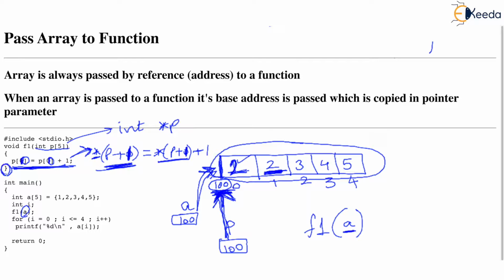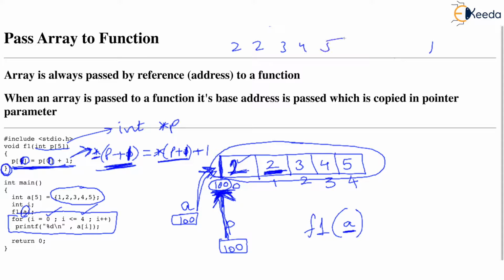But when the function ends, we come back to main, and in main we have a for loop where we are printing all the values of this array from index 0 to index 4. Recall that the previously stored values were 1 2 3 4 5, but now the stored values are 2 2 3 4 5. So the output of this code will be 2 2 3 4 5.